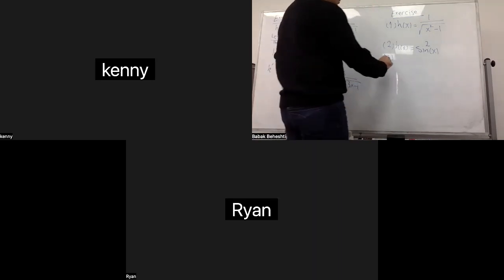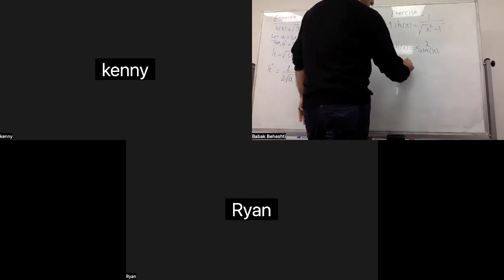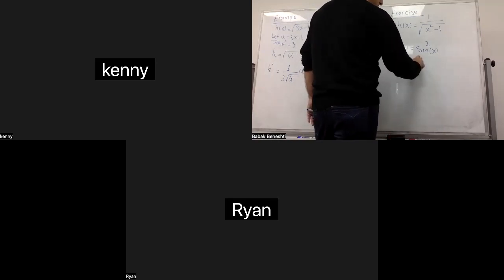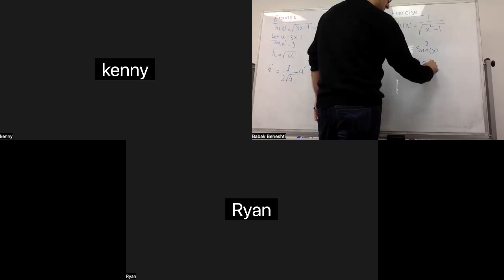Three, h of x is equal to two times cos square of x times root x.